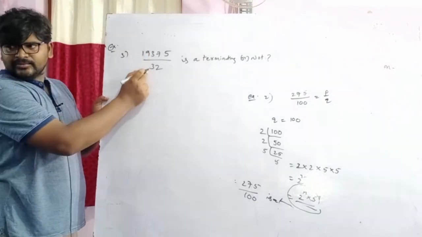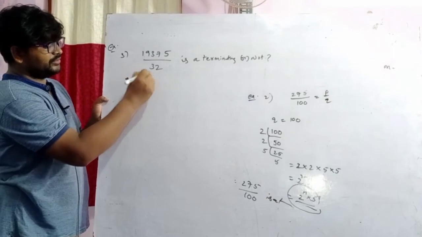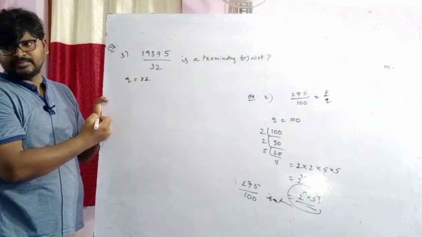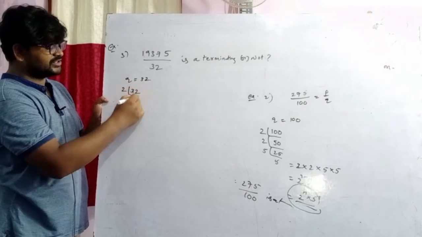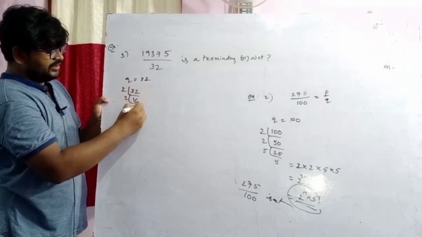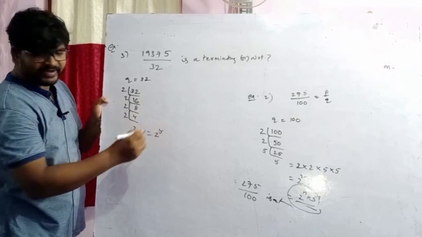This is p by q, here q equals 32. Prime factorization of 32: 2 into 16, 2 into 8, 2 into 4, 2 into 2, so 2 power 5.